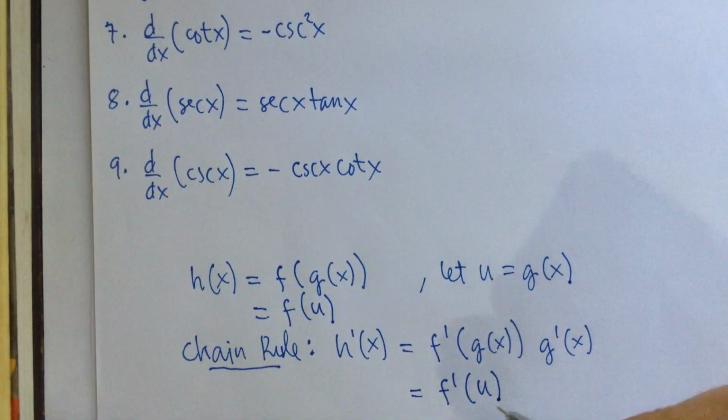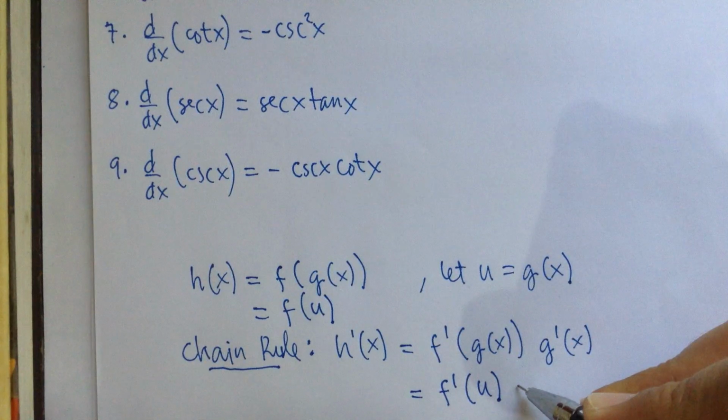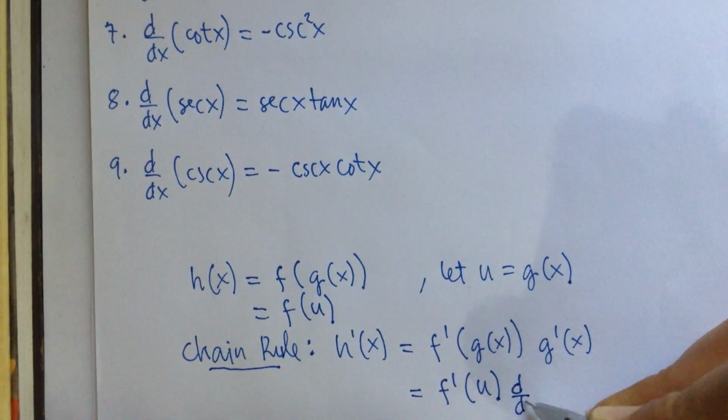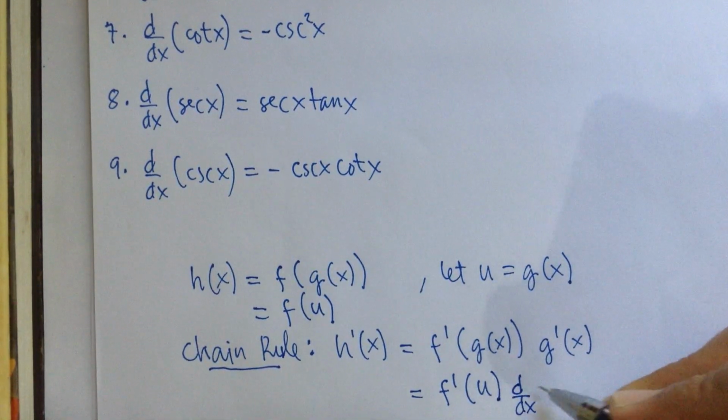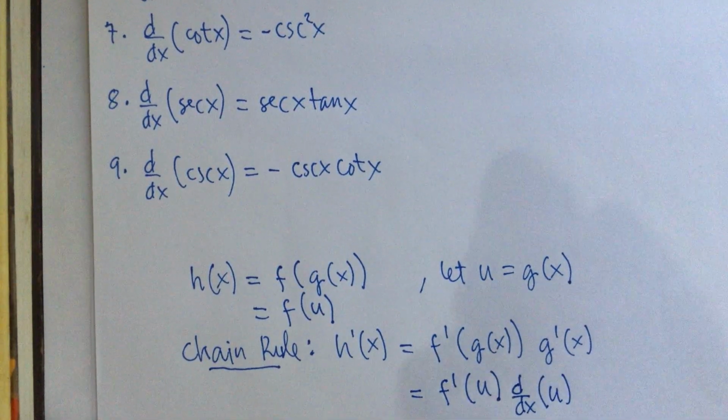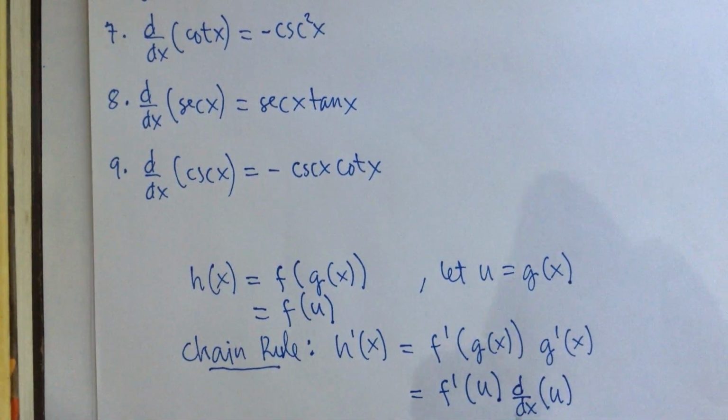But according to the chain rule, since u is another function, you have to find the derivative of that. So what we're going to do is to perform the derivative of u, and we denote that by this expression. It says the derivative of h of x, which is the composition of f and g, is the derivative of f times the derivative of its argument, which is u, or g of x.